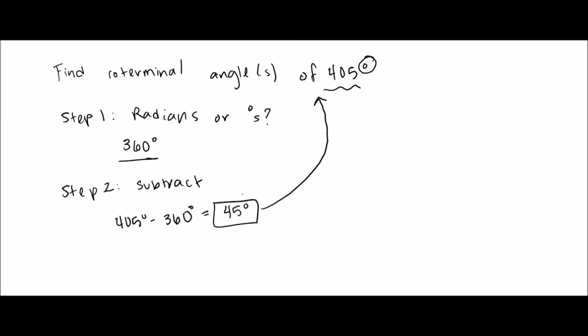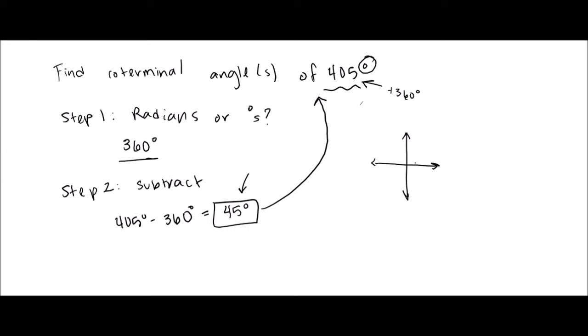And we see that this is in standard position, so this is the only positive coterminal angle we're going to find for this example. You could go on to add 360 degrees to 405. If you added 360 degrees, you would be going around the circle more times.